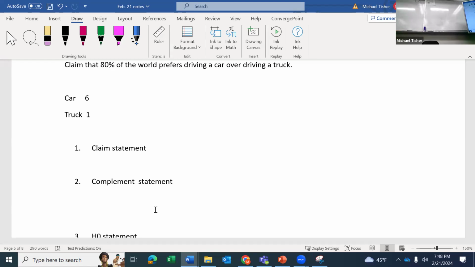So P equals 0.8. Now we claimed that 80% of the world prefer driving a car over driving a truck. Now we want to write that symbolically, and right away the complement.